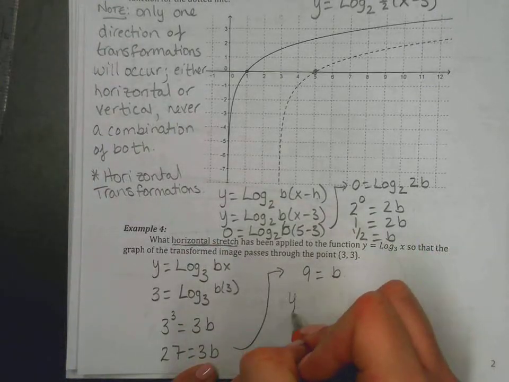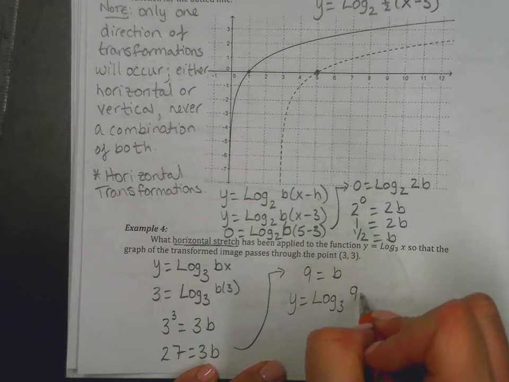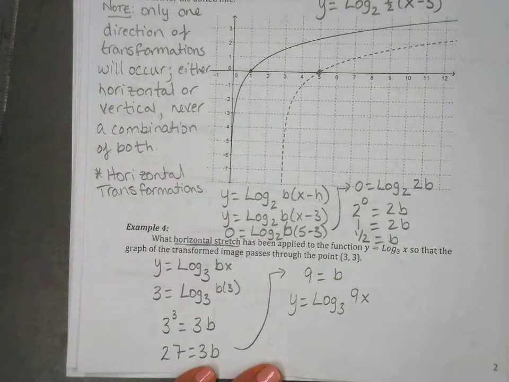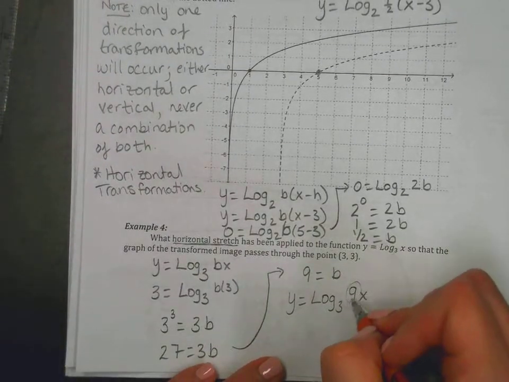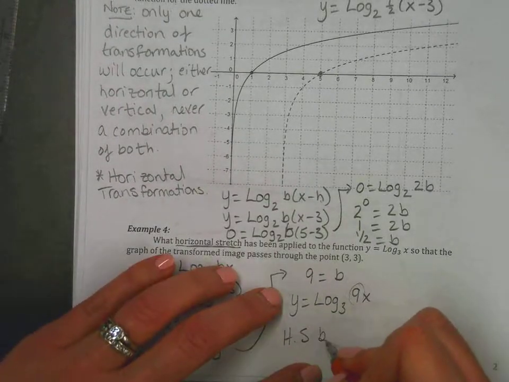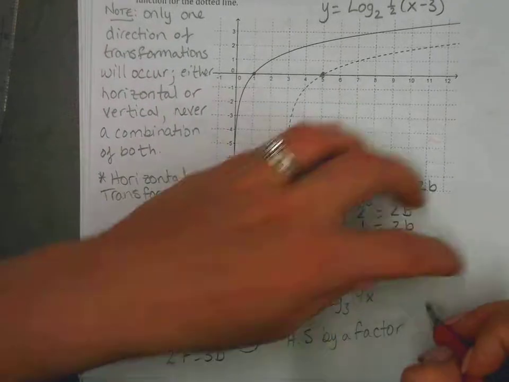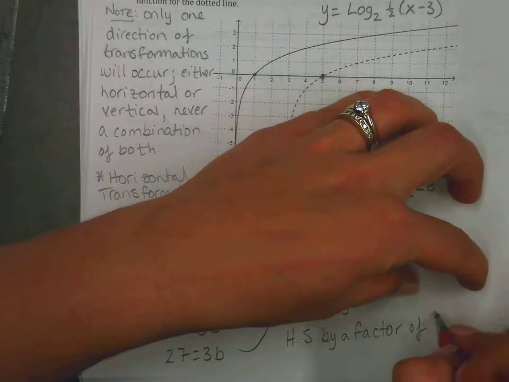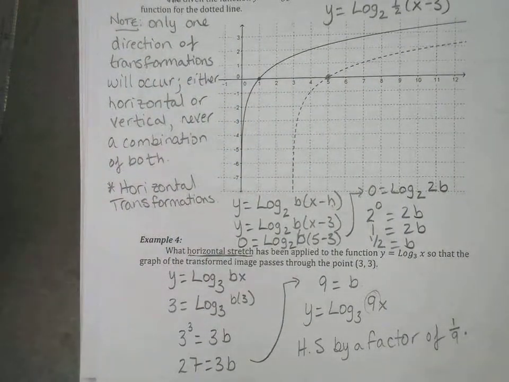If I wrote this back into my function, it would look like this, log base 3 of 9x. So my b value is 9, so that tells me it's a horizontal stretch by a factor of the reciprocal of b. Okay, and that is transformations.